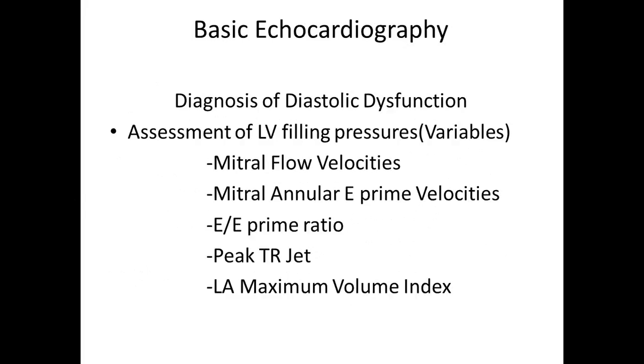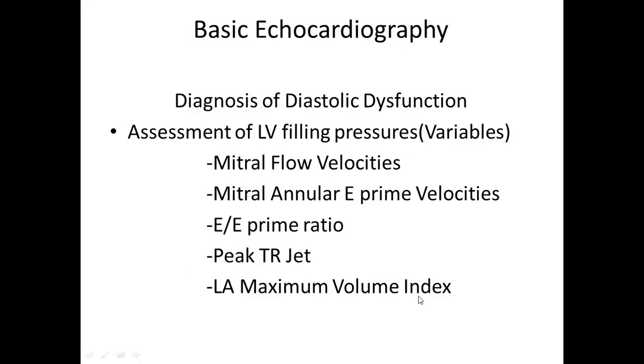Remember what we said, that when you have diastolic dysfunction, the worse the diastolic dysfunction, the greater the left atrial pressure, the greater the LV filling pressures. So you can assess LV filling pressures, and to assess LV filling pressures, you need to look at the mitral inflow velocities, the mitral annular E prime velocities, your E/E prime ratio, the TR jet, and the left atrial maximum volume index.